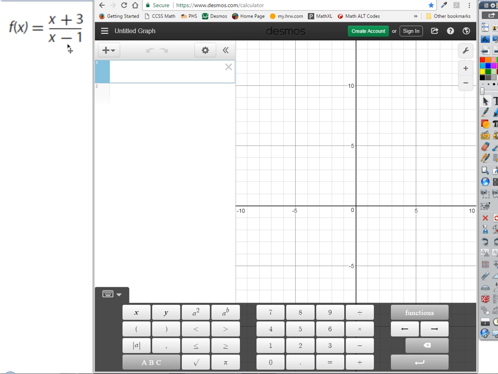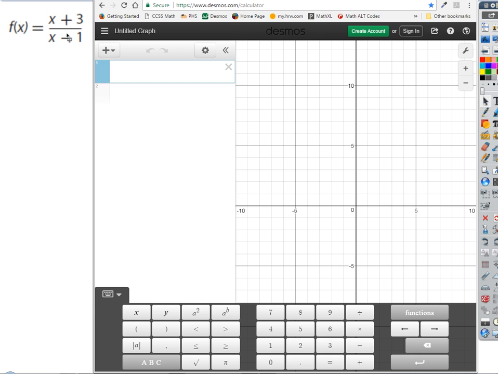The numerator. -3. So what's the value of any function that has 0 in its numerator, as long as it doesn't also have 0 in its denominator? If the numerator is equal to 0, what's the value of the fraction? 0, right? So we know that one point on this function is at x equals -3, where the fraction, which is the function, is equal to 0.